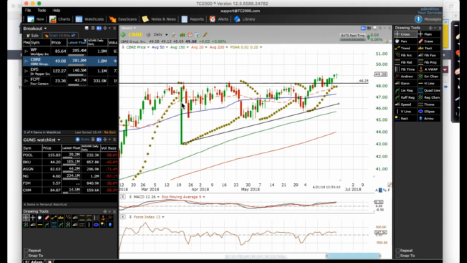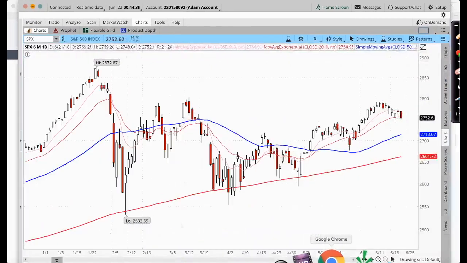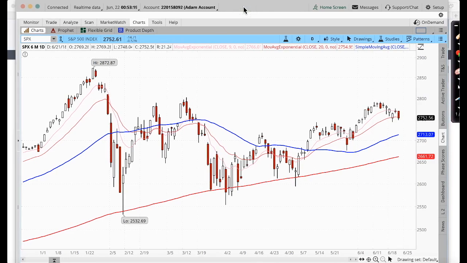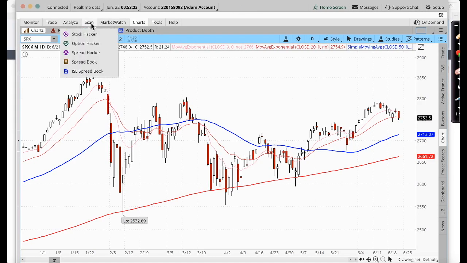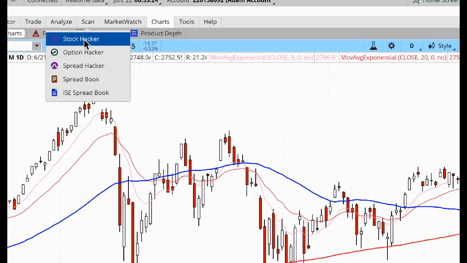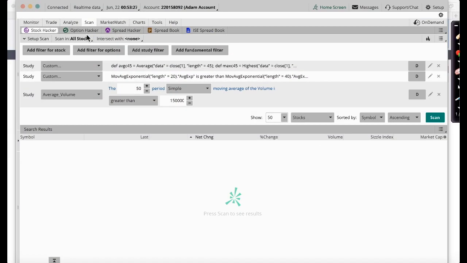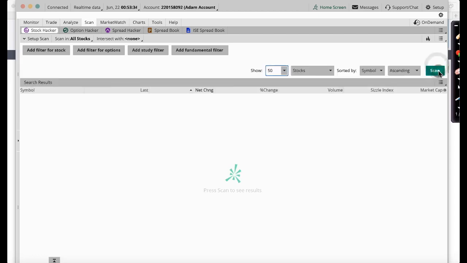The other method is to use ThinkSwim. So this is my ThinkSwim platform. And for this one, you go to Scan, Stock Hacker, and let me remove all these things. Okay. And what you do is you click on Add Study Filter.